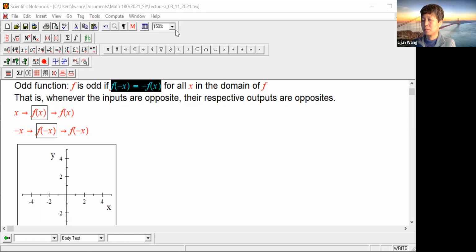What does the definition tell us? When the inputs are opposite, the outputs are also opposite. So what does that make in a picture?